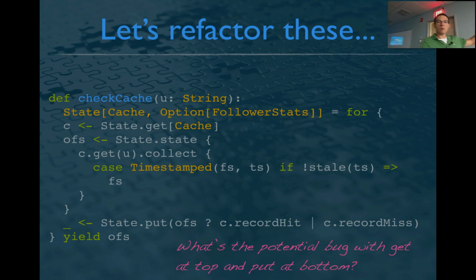And so, what am I doing in put? In put, I'm saying ignore the state that's been accumulated up until this point and override it with the state that I'm passing to put, right? And that's okay. But the problem here is I'm computing the value to put based off of this old C in the very beginning.